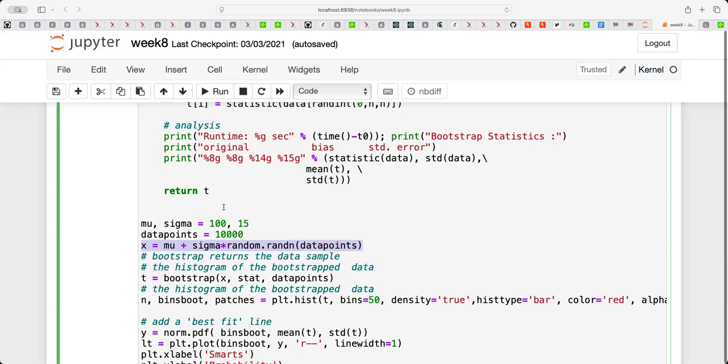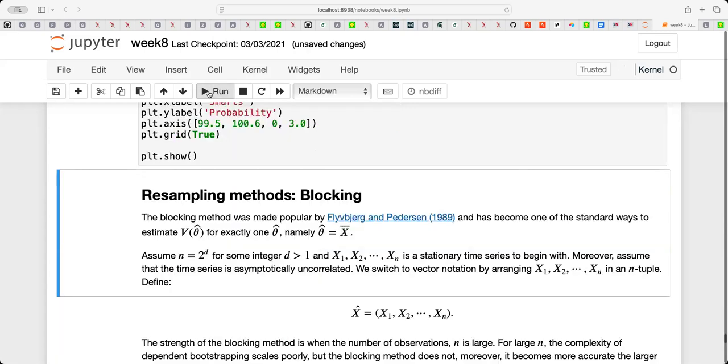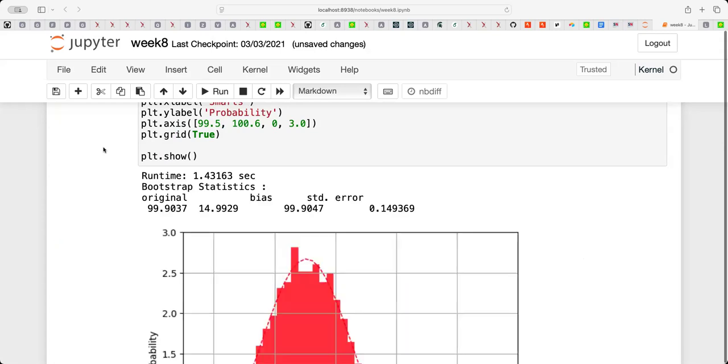So if you now look at the calculations here, if we now just run this code here, what you will see is the following. You don't get exactly 100. And this is simply because your random number generator is not exactly a stochastic random number generator, and I have only 10,000 points.